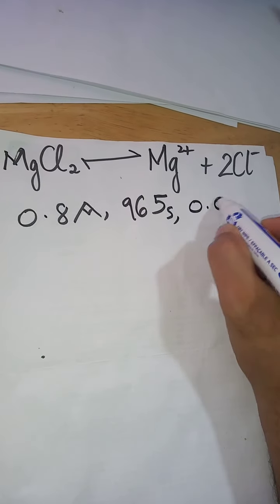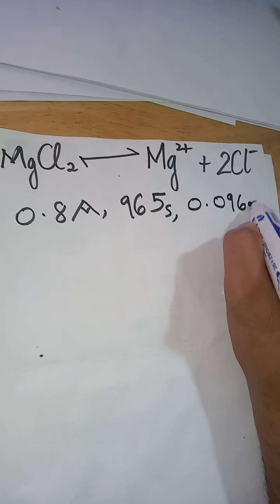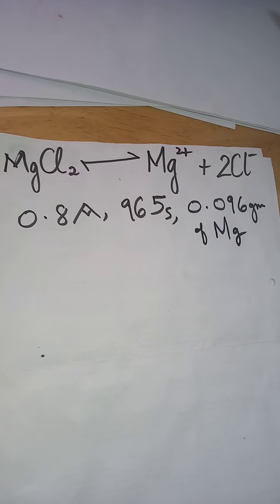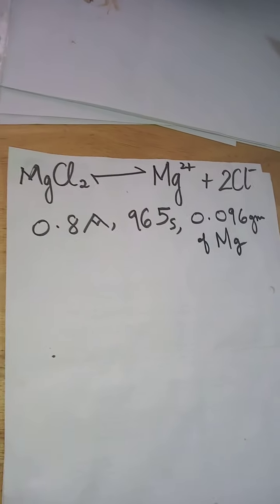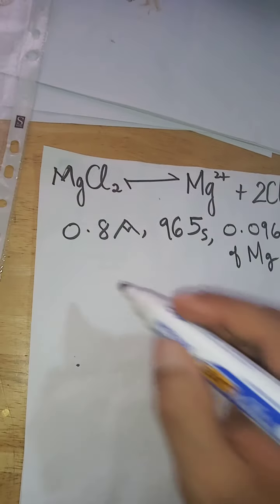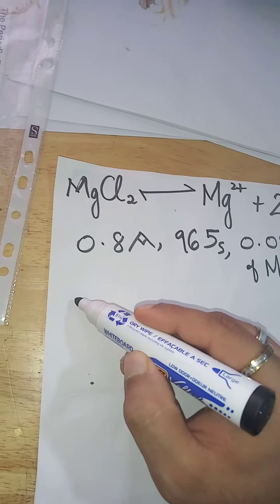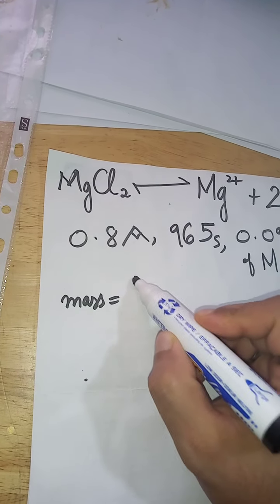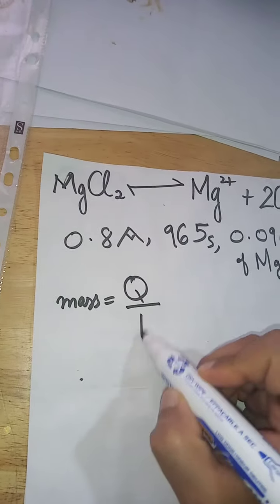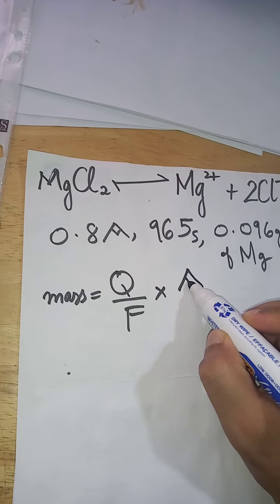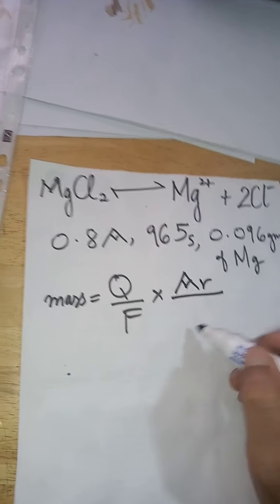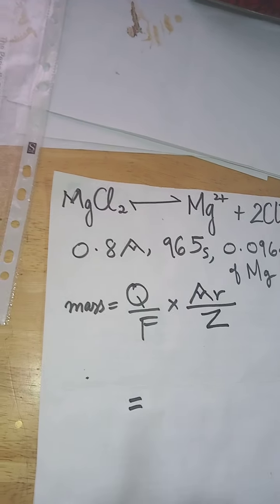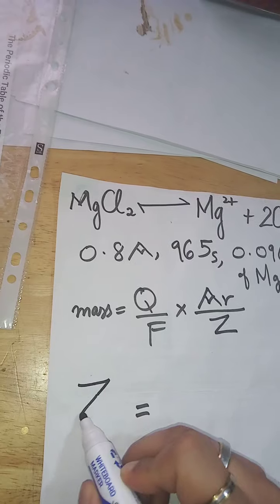And 0.096 grams of magnesium is formed. So what's the charge on magnesium ions? I'd use the same equation. So I'd get mass equals charge over Faraday constant times atomic mass of magnesium divided by the oxidation number. So I'd rearrange it for the oxidation number.